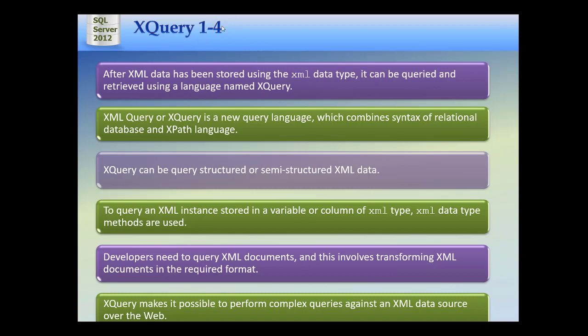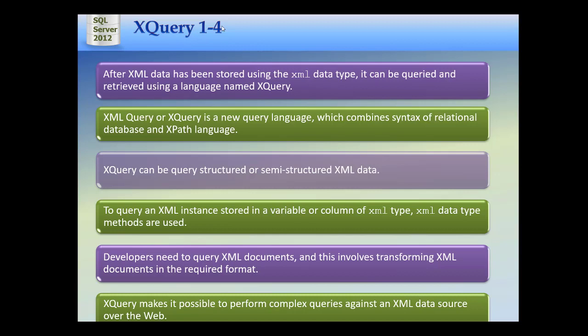Now, XQuery. After XML data has been stored using the XML data type, it can be queried and retrieved using a language named XQuery. XML query, that is in full, or XQuery, is a new query language that combines the syntax of relational database and XPath language, and it can be used to query structured or semi-structured XML data.